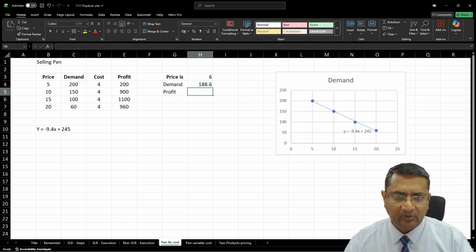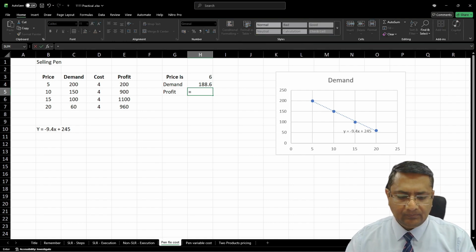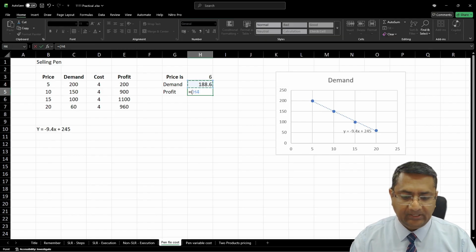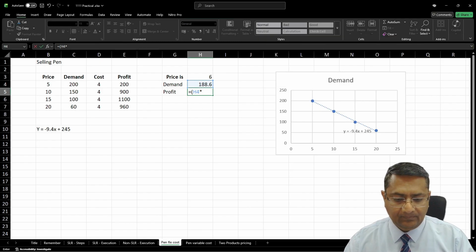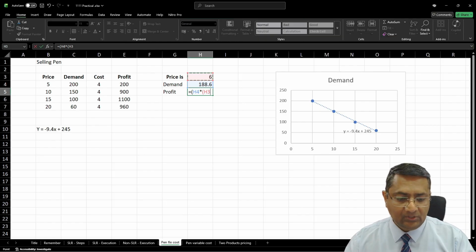Now how we will calculate the profit? Simple, equals demand multiplied by, sorry, multiplied by price. What is our price? Price is 6 rupees, but we have cost also. So price minus cost.